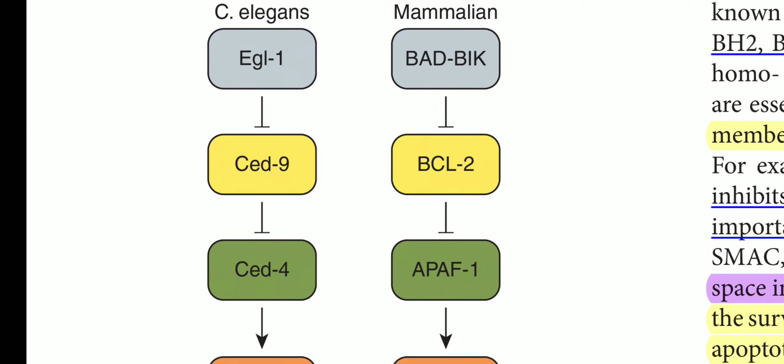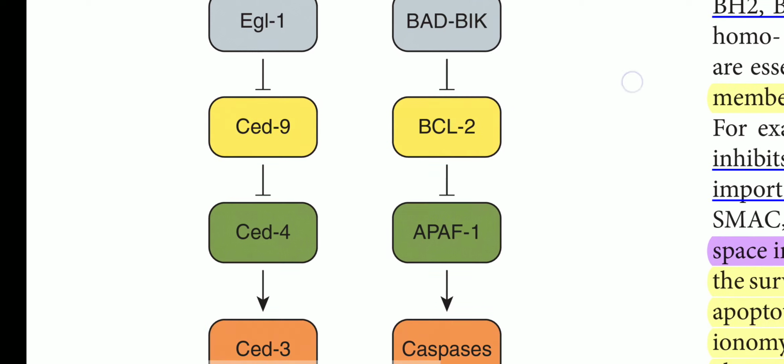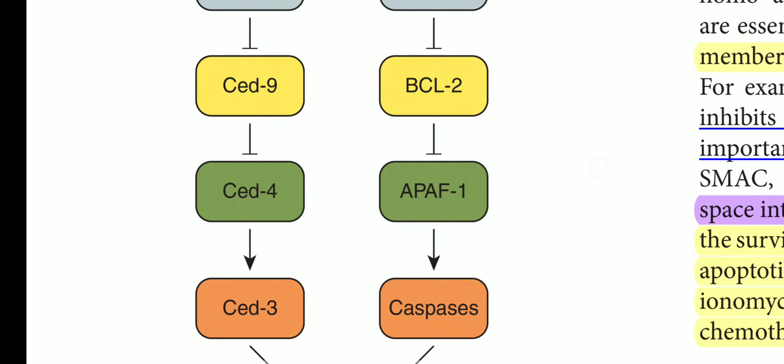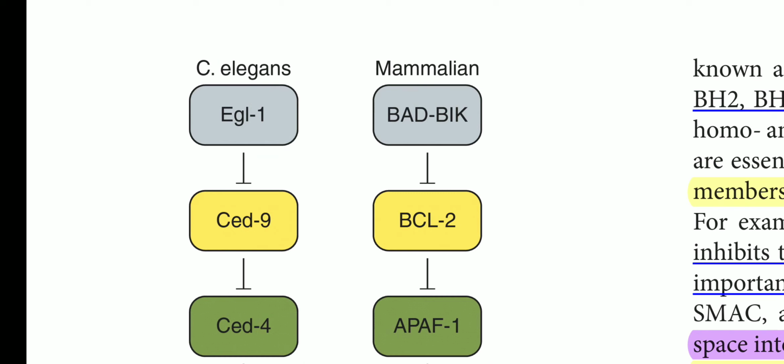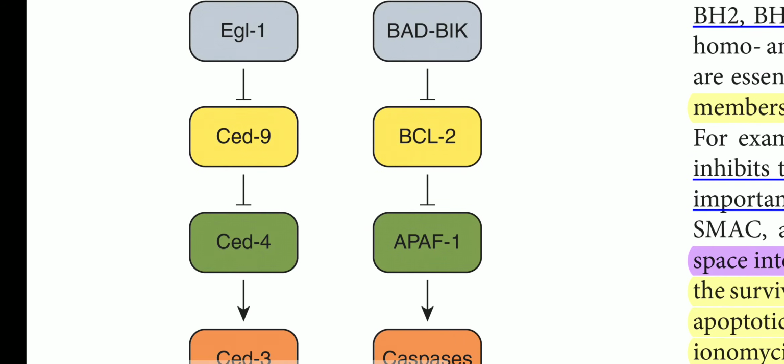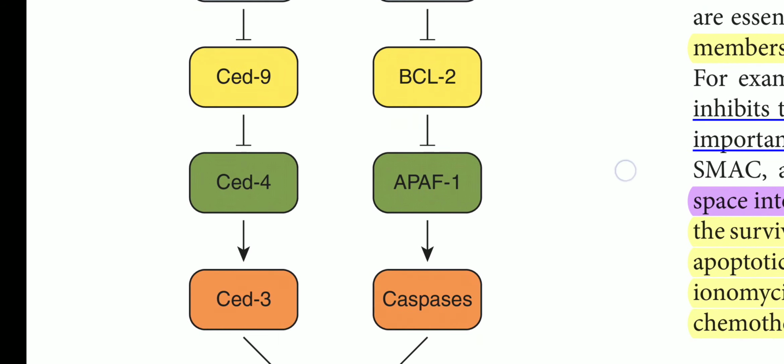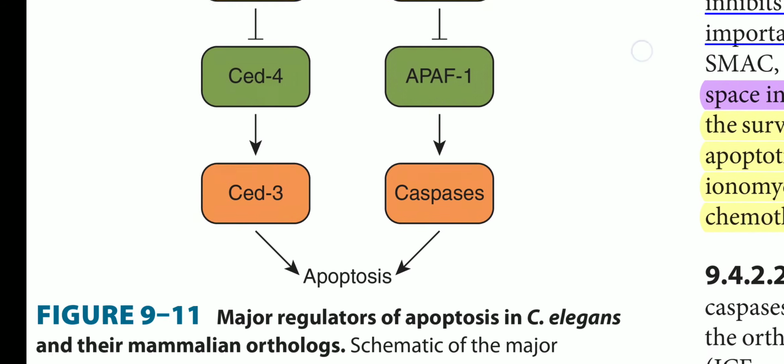In this picture you can see EGL-1 inhibits CED-9, then CED-9 inhibits CED-4, and CED-4 activates CED-3, which leads to apoptosis. EGL-1 is similar to BAD/BIK, CED-9 to BCL2, CED-4 to APAF-1, and CED-3 is a caspase.